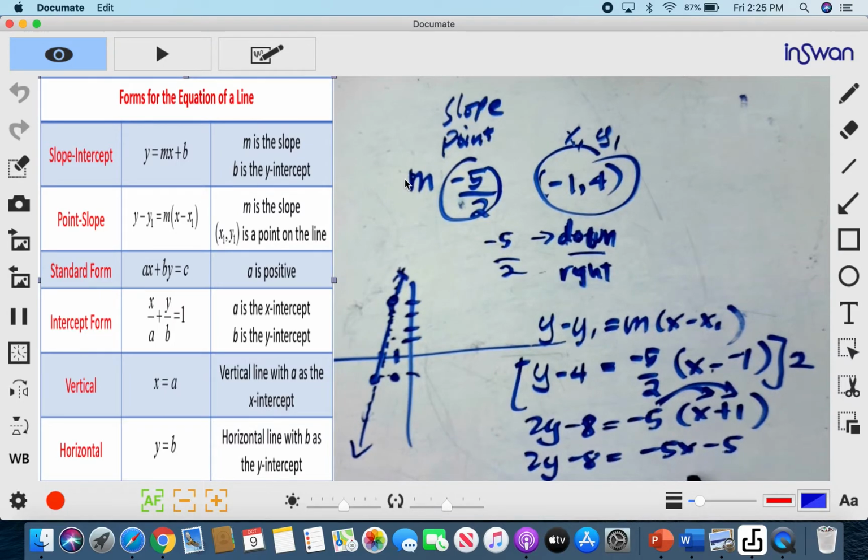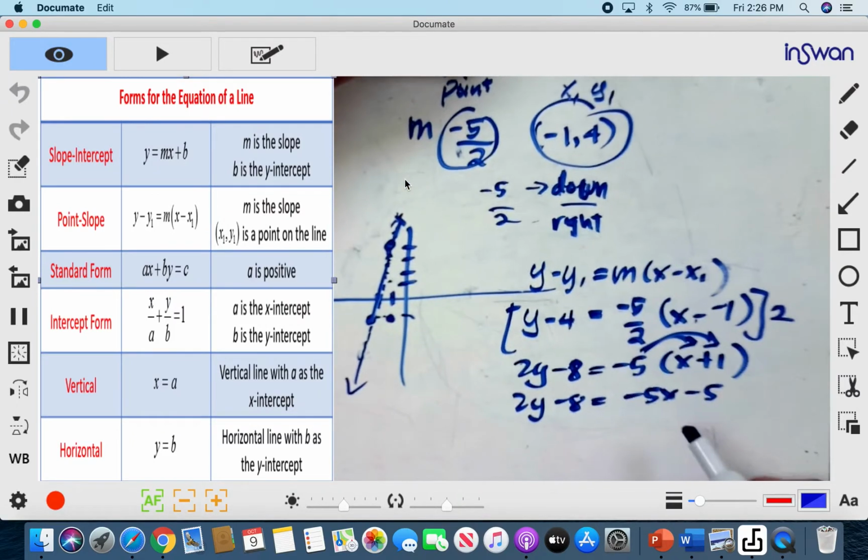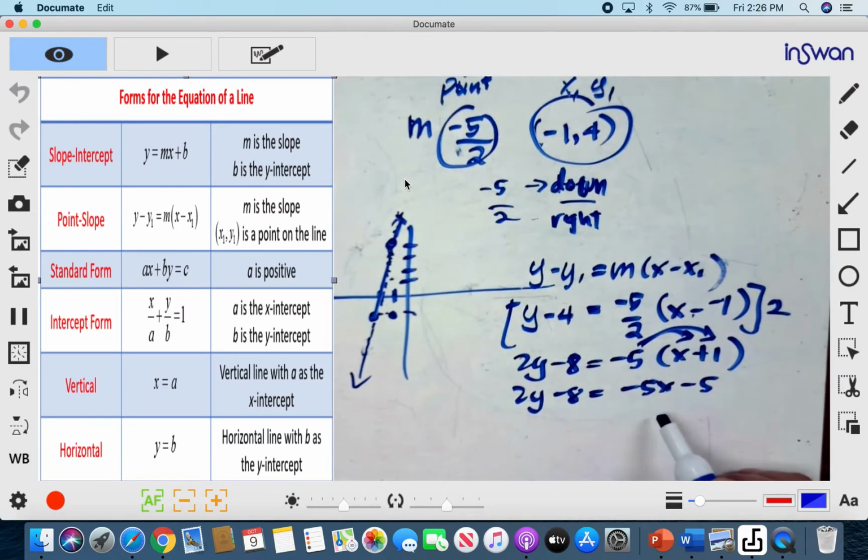Now remember, we would like to keep x positive. And so therefore, we need to move x this time, okay? And not y. So we will move negative 5x and we will move negative 8 at the same time, okay? Because the constants should be on the right side, the letters should be on the left side.